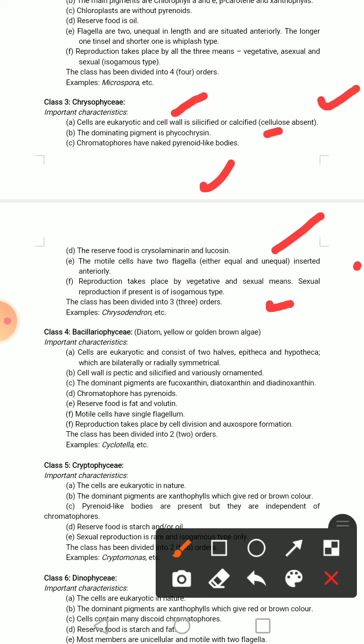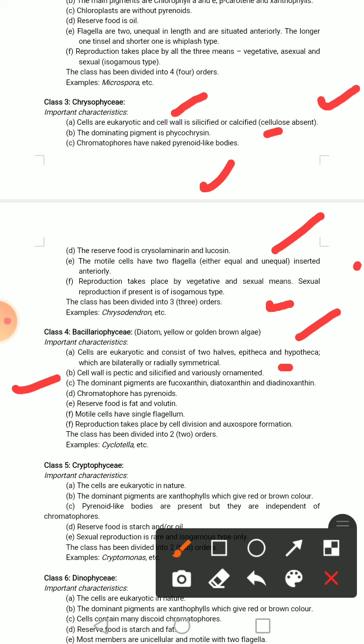Class 4, Bacillariophyceae, diatoms, yellow or golden brown algae. Important characteristics: cells are eukaryotic and consist of two halves, epitheca and hypotheca, which are bilaterally or radially symmetrical. Cell wall is pectic and silicified and variously ornamented.